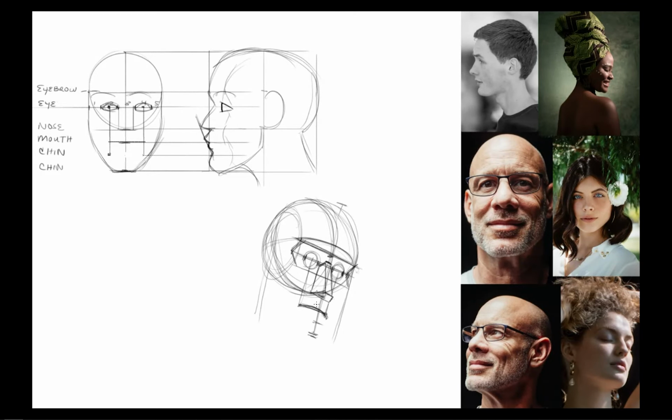And then we're going to draw some real basic lips, and I'll go over that in another video. And then we have our chin here. Again, our chin matches where we're going with everything. So if this is the case, I use this to match like that. And so that's the planes of the head.